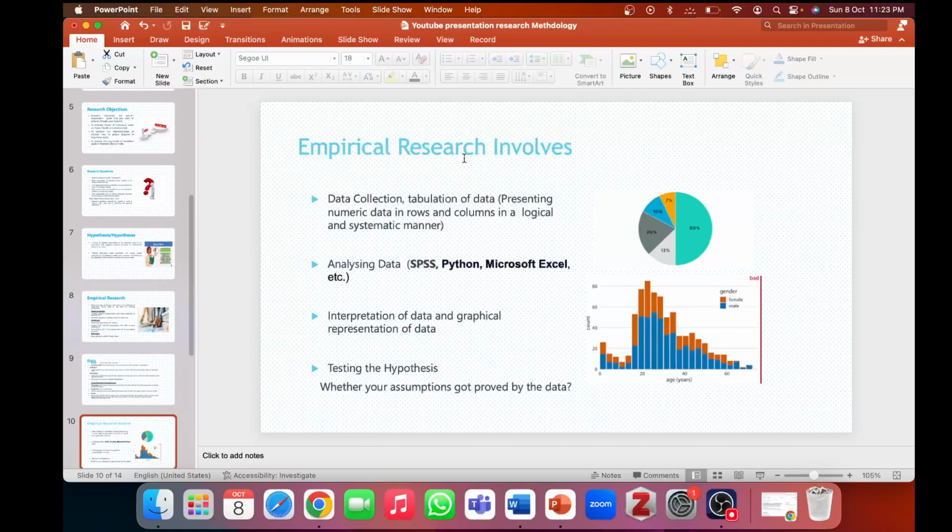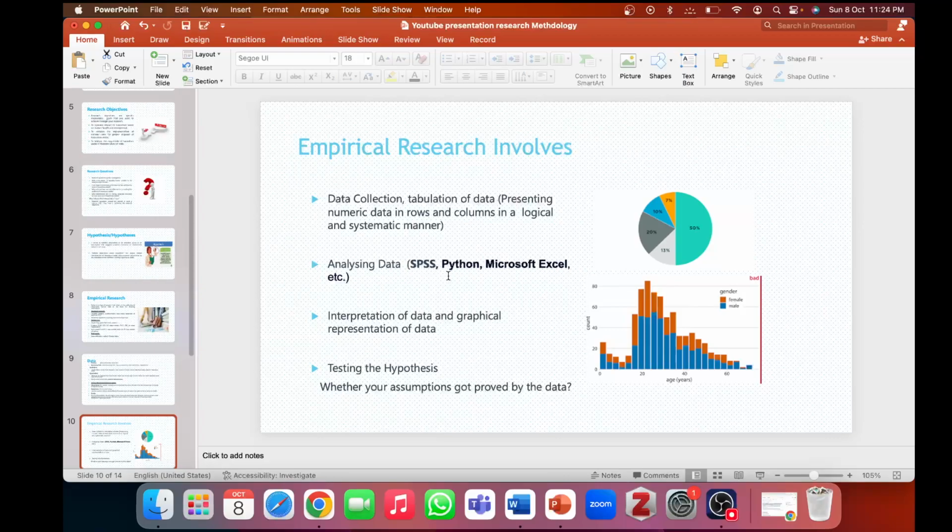Empirical research involves collection of data, tabulation of data, presenting that numerics into rows and columns in logical and systematic manner. Then analyzing data, there are various softwares available in the market which you can use for analyzing data.